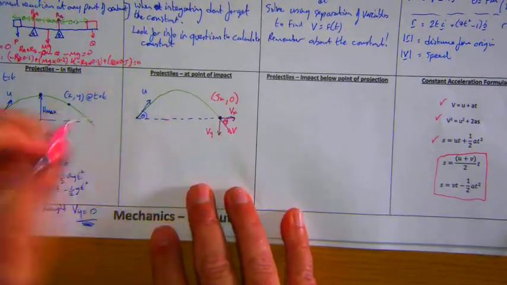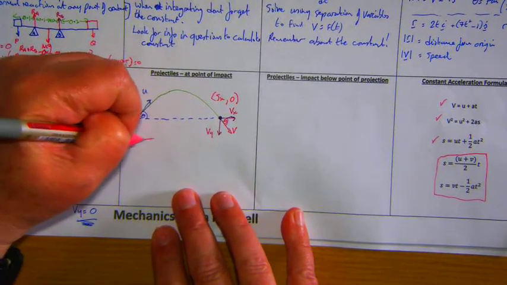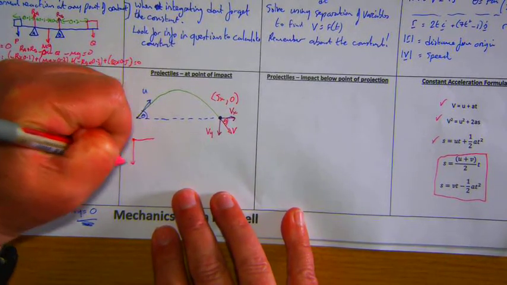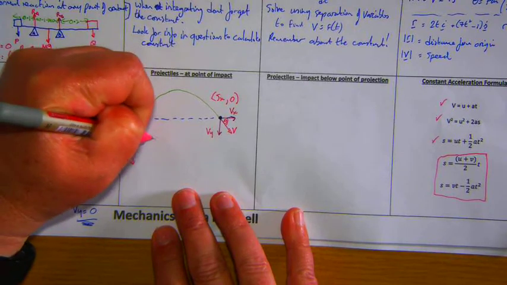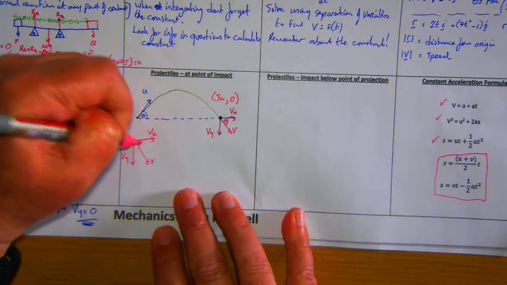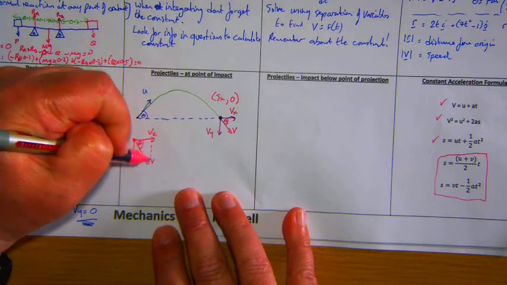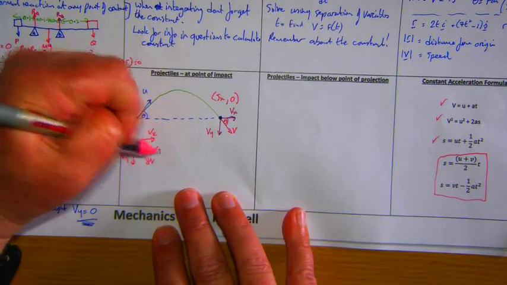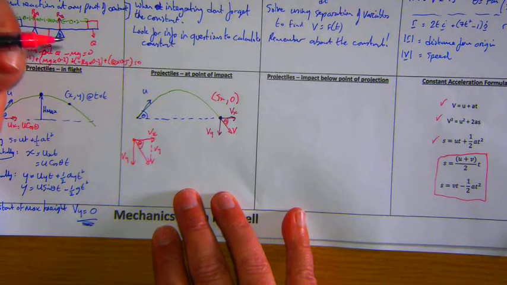If I make that a bit bigger down here, Vy, Vx, V theta, what we've got is a right angle triangle.